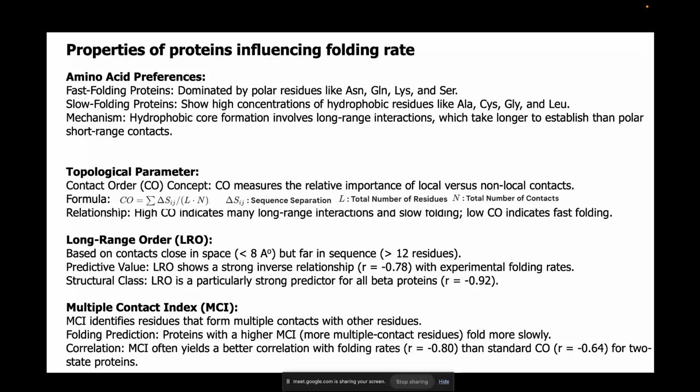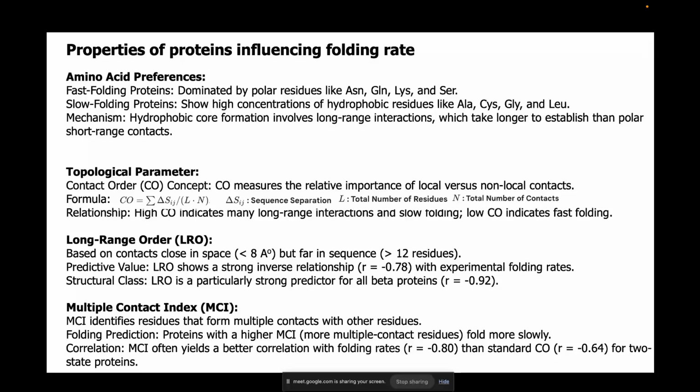Now if you have high long range orders, it means you mostly have a higher number of hydrophobic residues present inside, because the folding has happened in such a way that the polar residues have come together, and in between the fold there are all your hydrophobic residues. So this also means that your hydrophobic residues are higher, which intuitively tells you that the protein folding rate will go down.